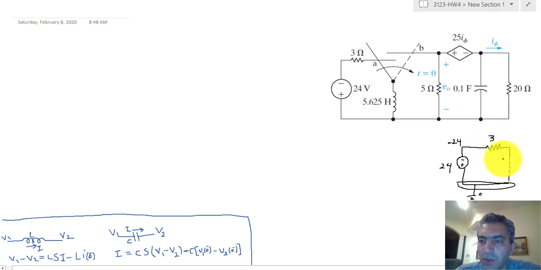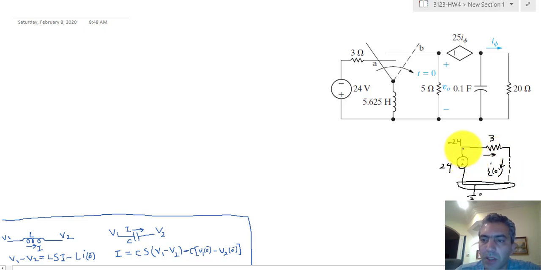Now if we assume that the current in this circuit is going in this direction, and I'm going to call that IL0, this current obviously is the same.